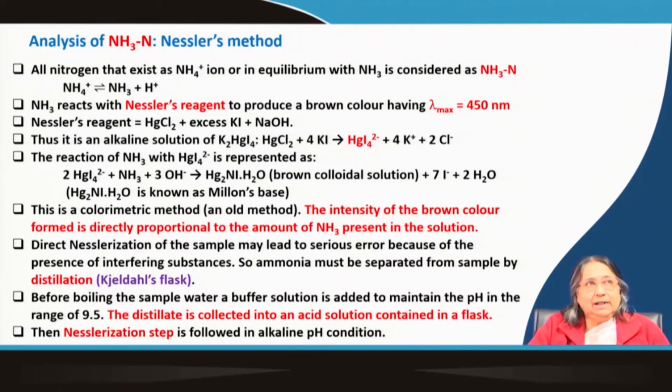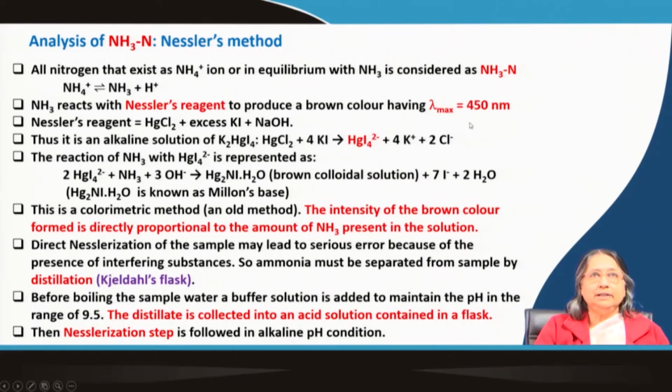When I discussed 4-nitrophenol reduction, there you have seen some spectra, some peak in the UV-visible spectra, there is some peak absorption. So, this is the absorption peak, where the absorption is maximum, that is called lambda max, lambda is the wavelength, and here the peak is at 450 nanometers. It is a brown color.